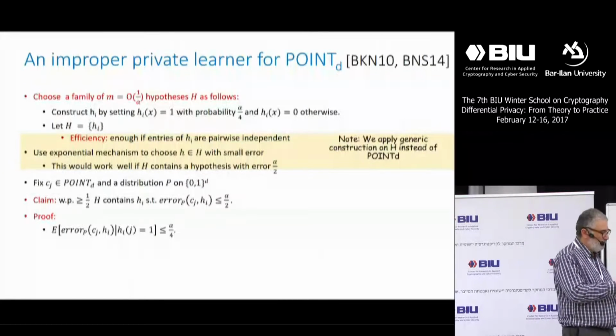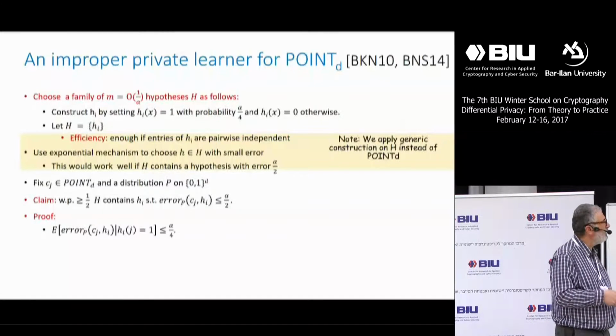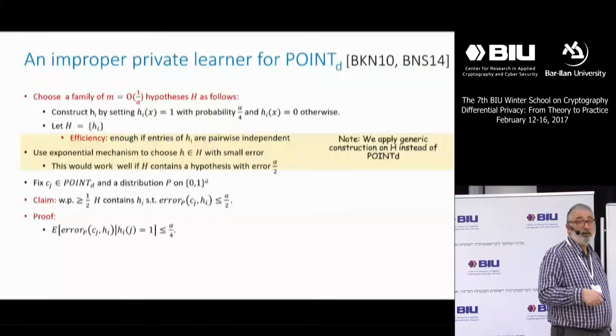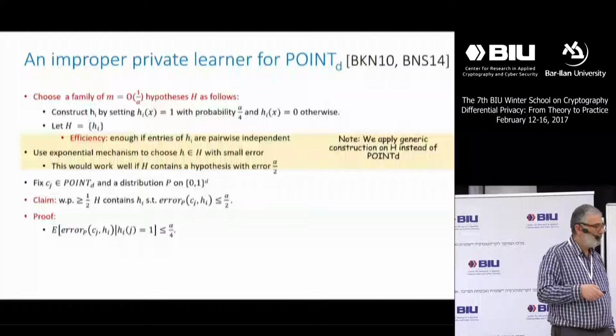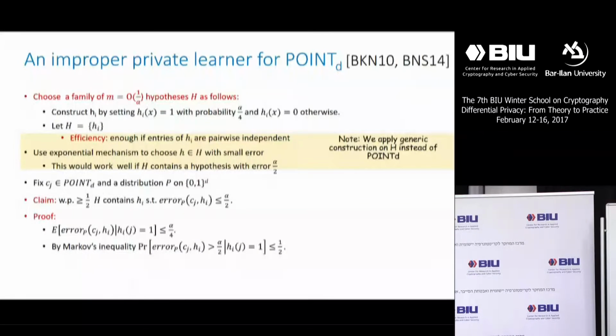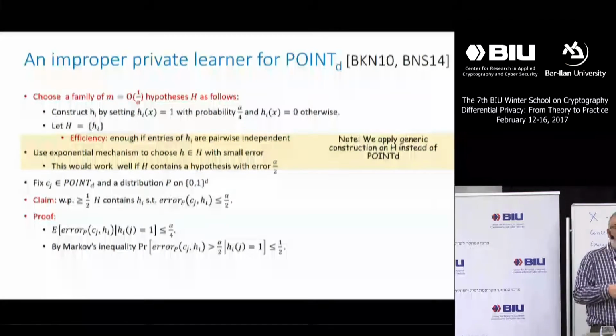But because we chose on every point H returns 1 with probability of alpha over 4, in expectation this error is bounded by alpha over 4. Okay? Using Markov, we can get that this error is more than alpha over 2 with probability less than 1/2, using Markov's inequality.